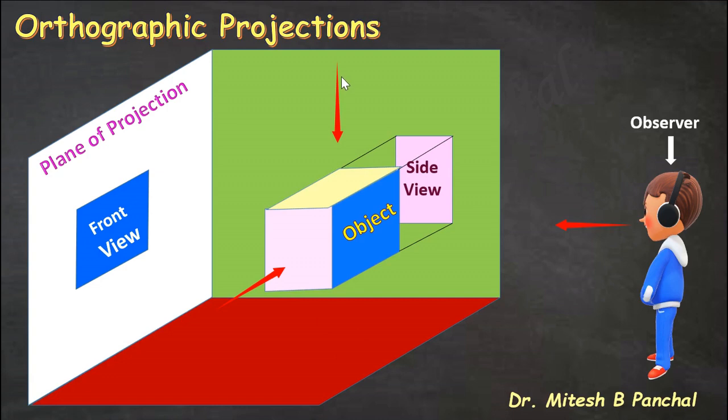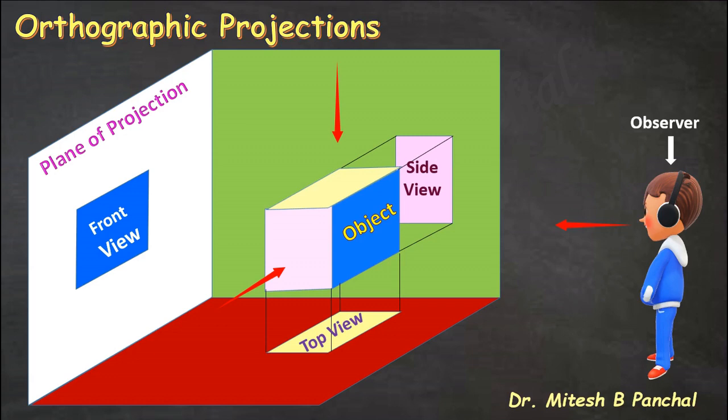While viewing the object from the top side, we will get parallel projectors which are perpendicular to the plane of projection, and this particular top rectangular face is visible in the top view. So this projection is the top view of the object, right?